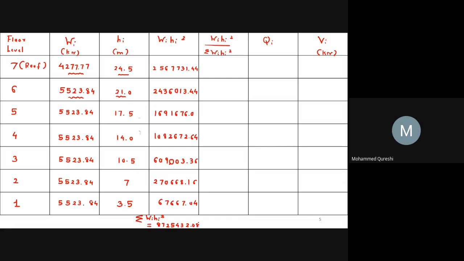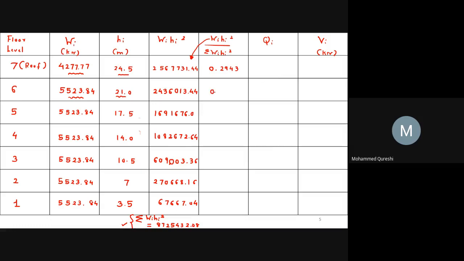So now Wi Hi square means this value we had calculated in this column. So 2567731.44 divided by this value, summation of Wi Hi square. So you will get 0.2943. Similarly, we have to repeat this step for each floor level.